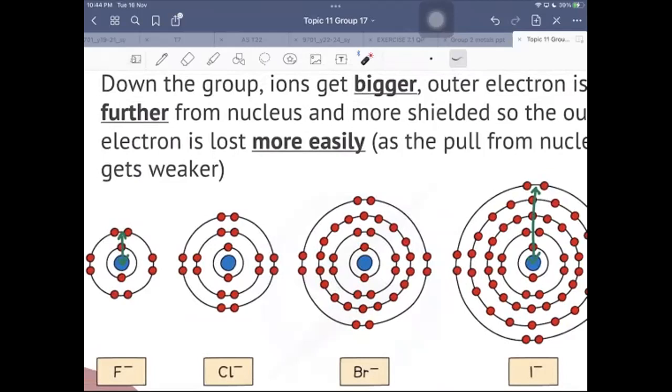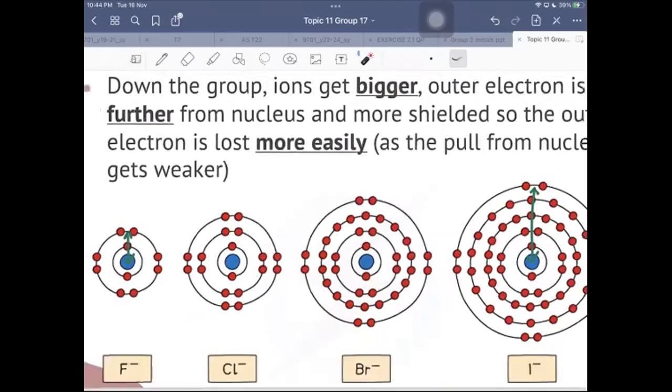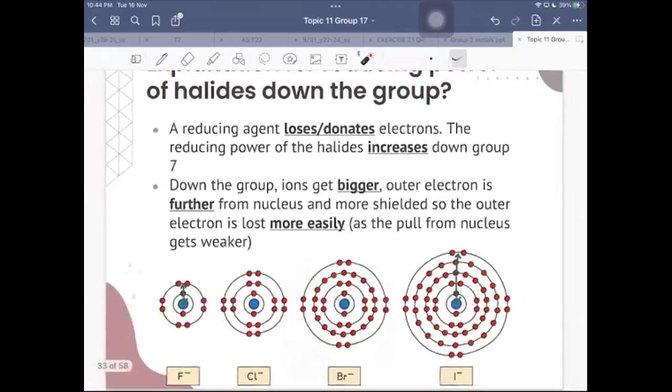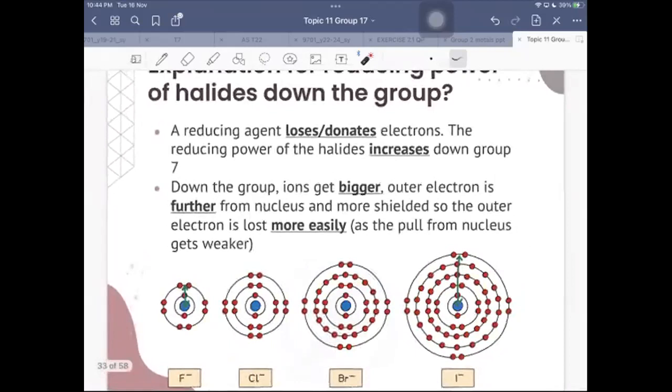That means the electrons are less tightly held by the nucleus, so it becomes easier to lose these electrons as you progress from fluoride to iodide. That's explained here: ions get bigger, so the outer electron is further from the nucleus.